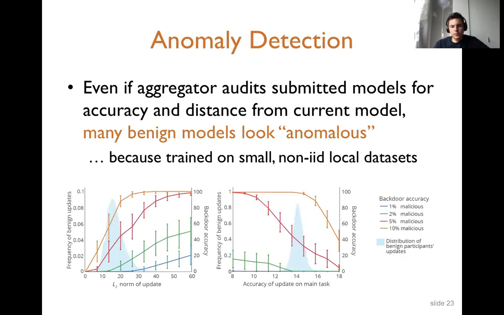So we've also done some anomaly detection, and indeed, even if we play with the learning rate, even if we optimize it, if there is only a single participant in the training, it is of course a bit harder to not get detected.